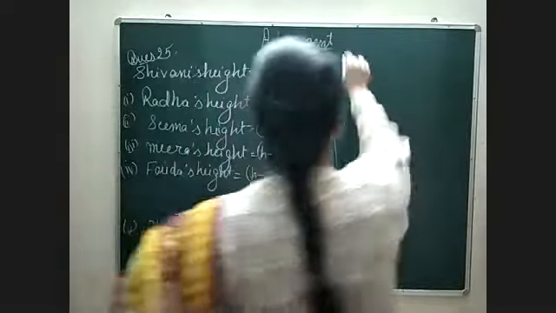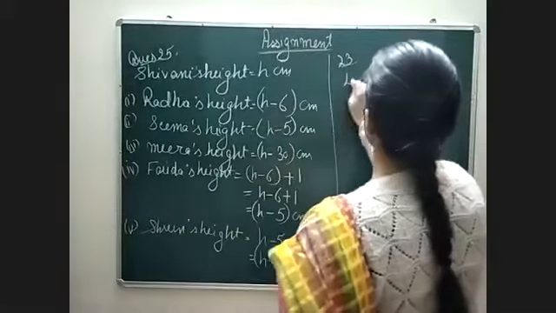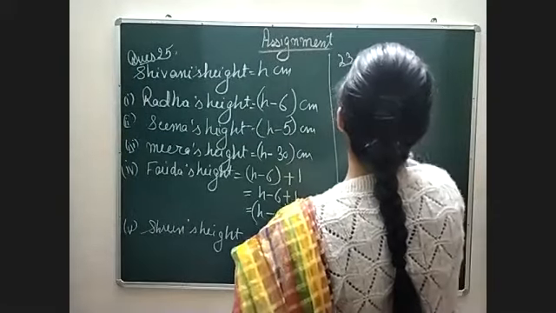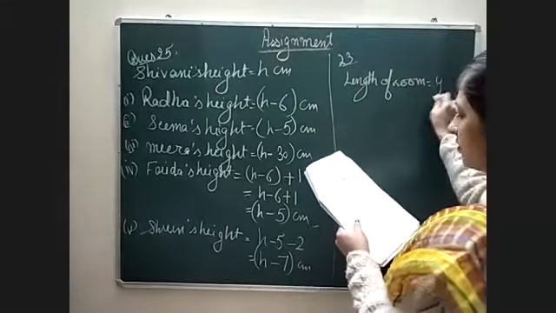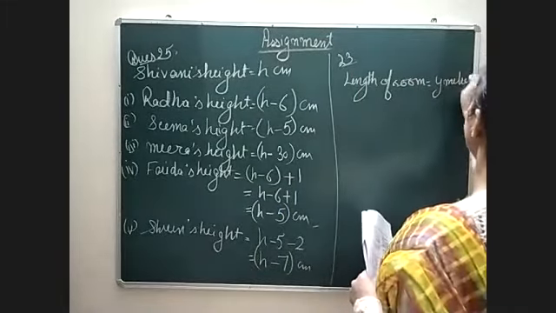Write an expression for perimeter. Perimeter, you know, it is the sum of all sides. Okay, so let us write down. We are given that the length of the room is y meters. So let us start with the length of the room. Length of room is equal to y meters.